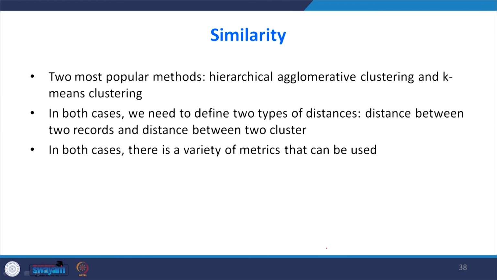What is the similarity between hierarchical clustering and K-means clustering? The two most popular methods are hierarchical agglomerative clustering and K-means clustering. In both cases, we need to define two types of distance: distance between two records and distance between two clusters. In both cases, there is a variety of metrics that can be used.